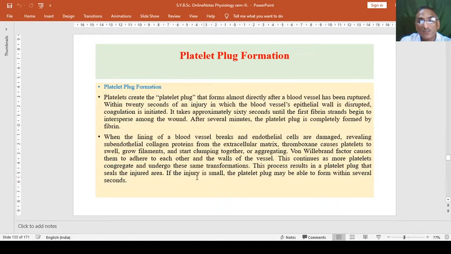If the injury is small, the platelet plug may be able to form within several seconds. In this way, the platelet plug is formed to stop the further flow of blood from the body, or we can say it saves the loss of excess blood from the body.